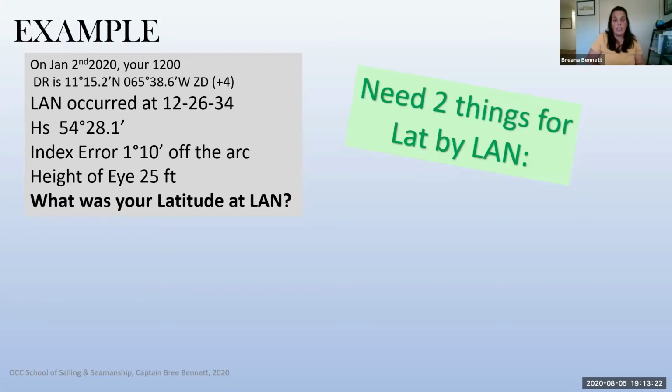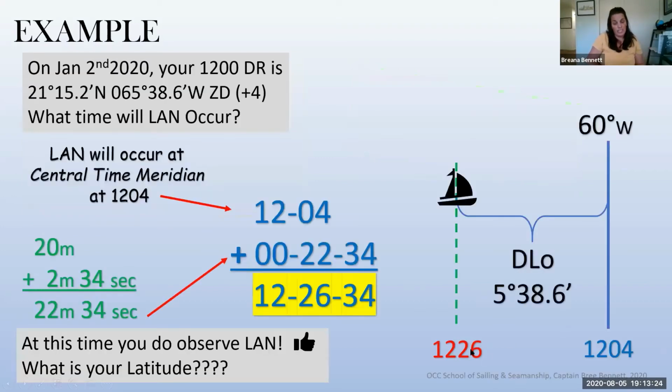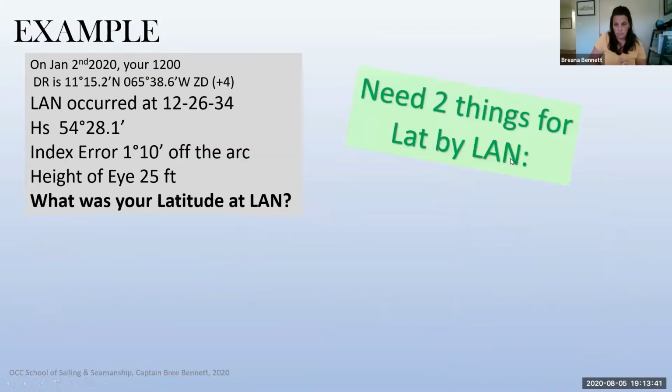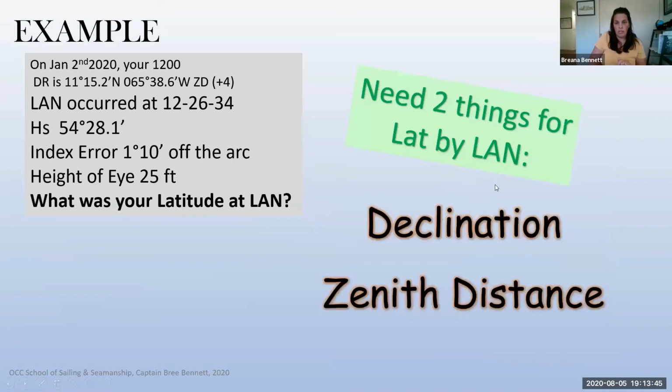So again, this 12:26 is based on a DR. What happened when it actually peaked is going to be when it happened relative to where I am. So it might happen before or after 12:26. So we're going to need two things to get LAN, the declination and the zenith.